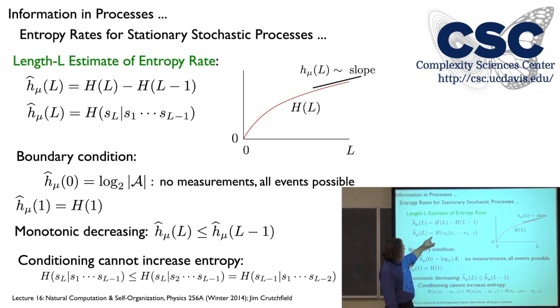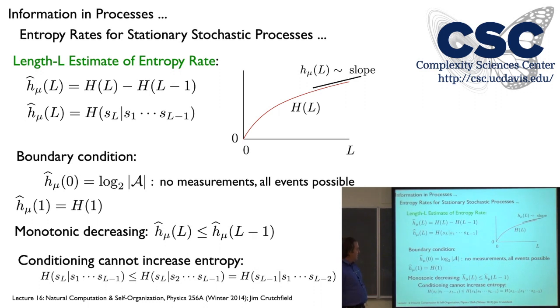What this is saying is that we now have this other estimate at a finite L of this entropy rate slope. So it's a 2-point estimate. And it's the uncertainty in the next symbol having seen the L minus 1 symbols. It's the uncertainty after I've conditioned on having seen a past, what's my uncertainty of just the next symbol. So this gives us a measure of the predictability of a process.